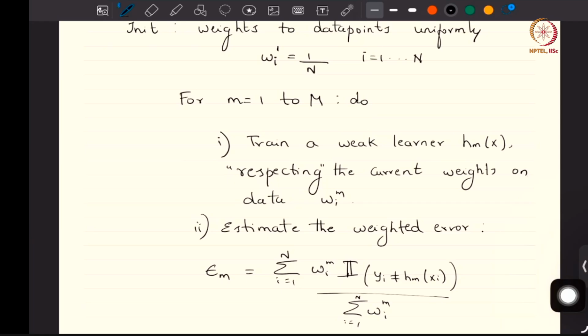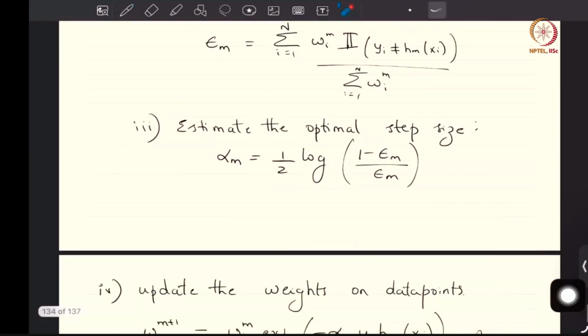When you are doing AdaBoost, you will have to train a classifier at each step. How do you train that classifier? You train it in such a way that the weighted sum of the weights on the data points that are misclassified is minimized. So, it is recovering the first step. Now there is only one thing that remains, which is getting this optimal estimate of alpha. Okay, we will do that now.